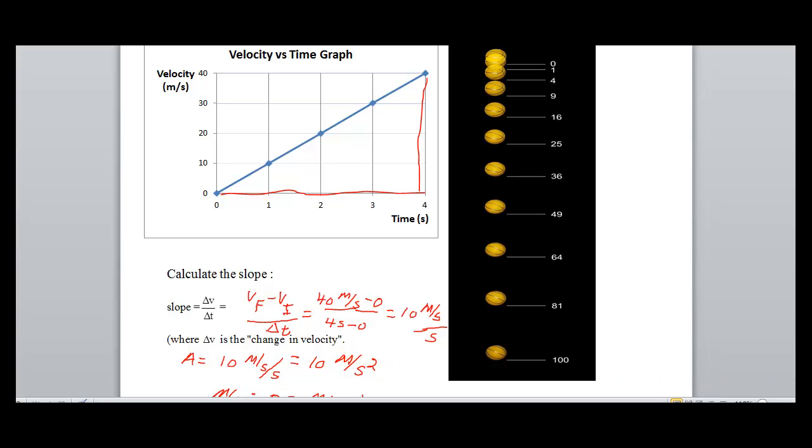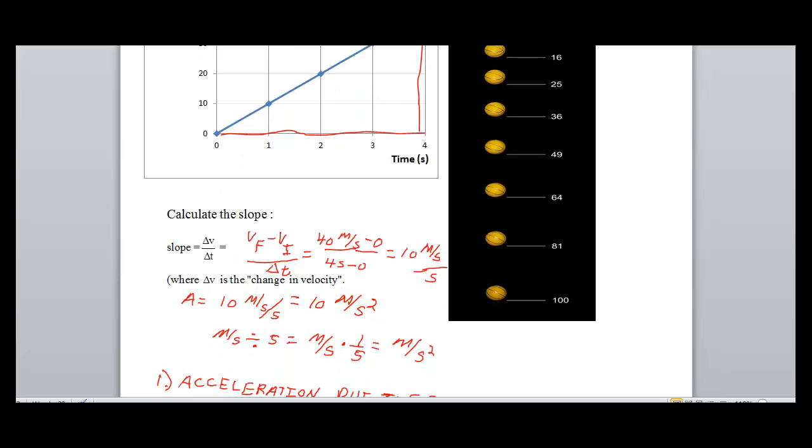And that comes about because basically meter per second divided by second, I can write it like this, and that's the same thing as a meter per second. You invert and multiply, so I inverted the second, multiplied, and I got meter per second squared. So either one, meter per second per second or meter per second squared, is appropriate, although most textbooks and eventually I and you will be using meter per second squared. It's just easier. Although this gives you a little bit more information.